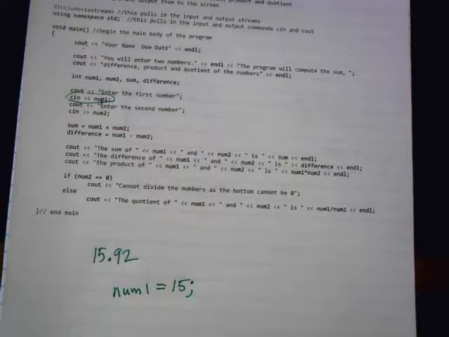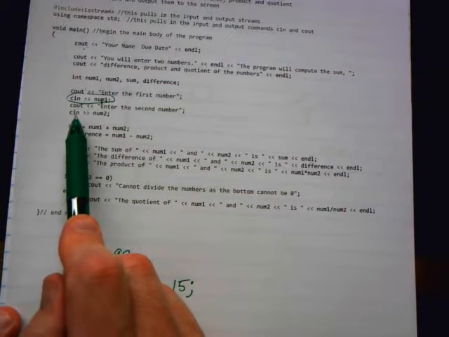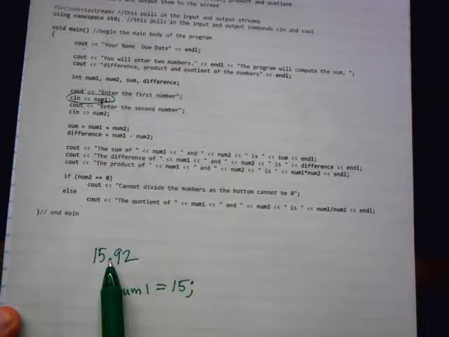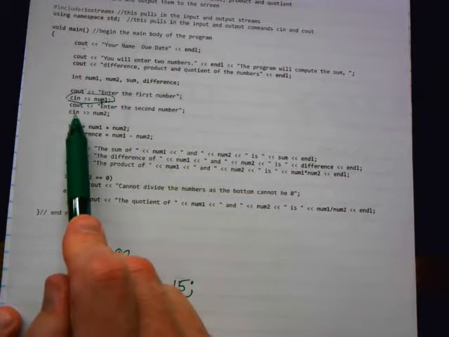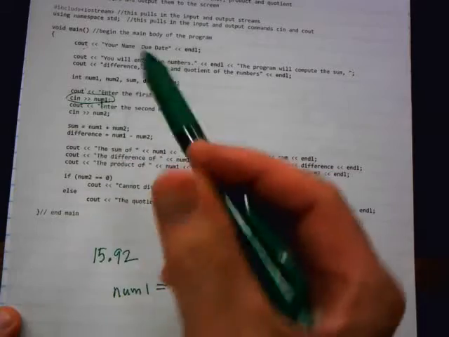What the computer would do is it would save that decimal point, thinking the person's going to want to input something else later. So it would actually keep that and save it. And then we would have a bad problem. Because when it got to this point, cin num2, it would try to input this decimal point. Decimal point is a character, but I'm trying to cin a number. So what would the computer do when it tried to run this line right here?